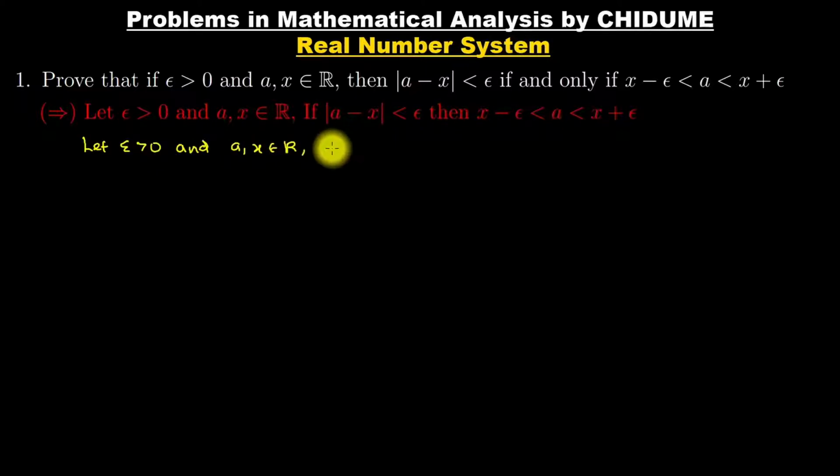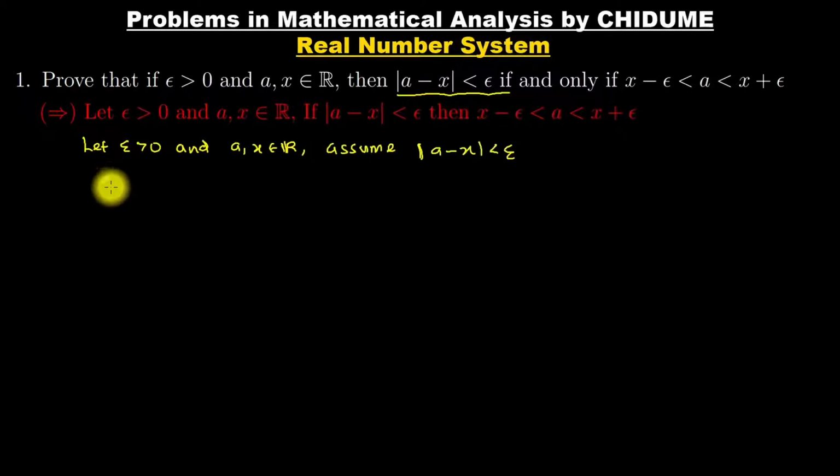I assume that this statement is true: assume that the absolute value of a minus x is less than epsilon. With this statement I want to use these conditions to prove that this is also true. So if this is true, then this must be true. Of course R is our set of real numbers, and I can break this into two cases.